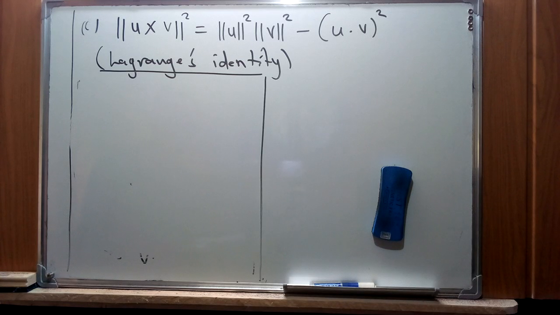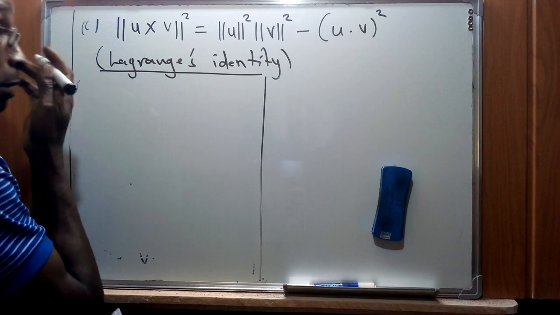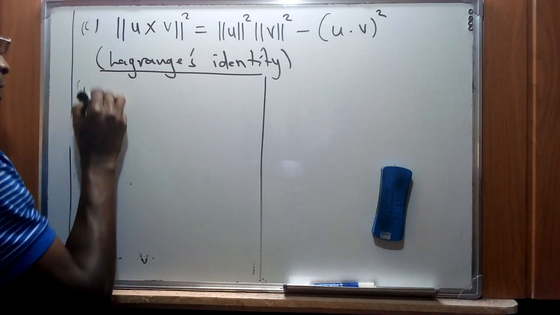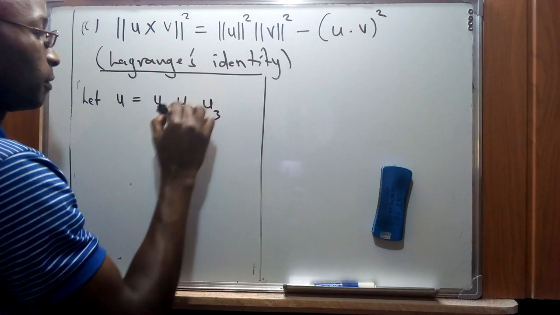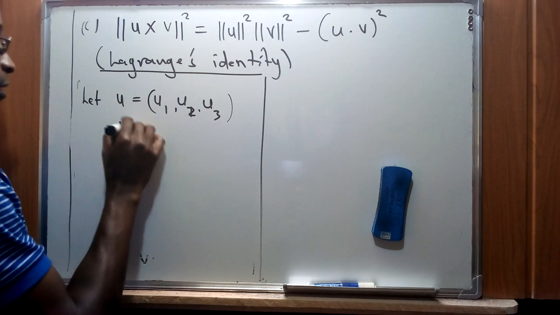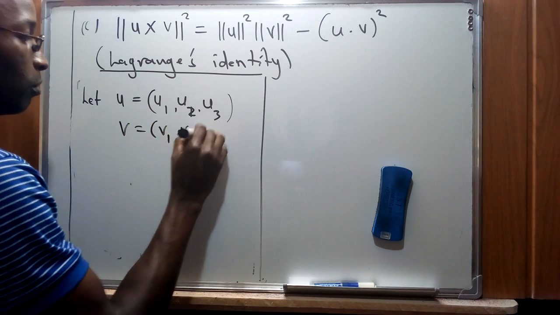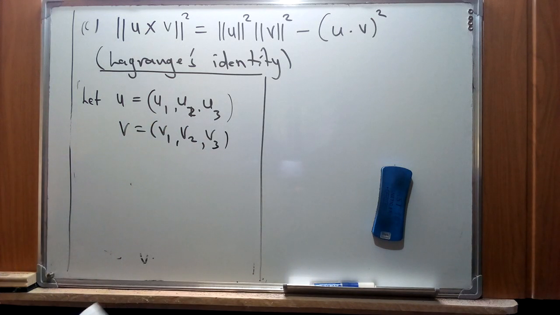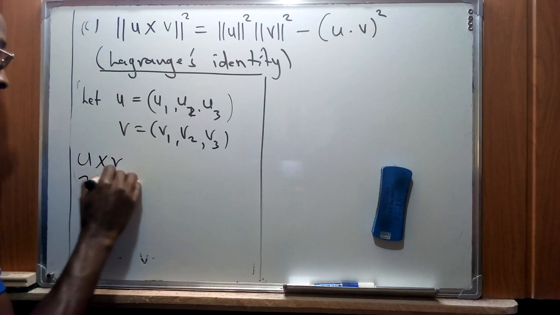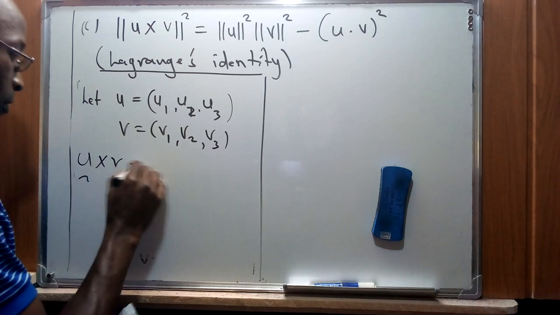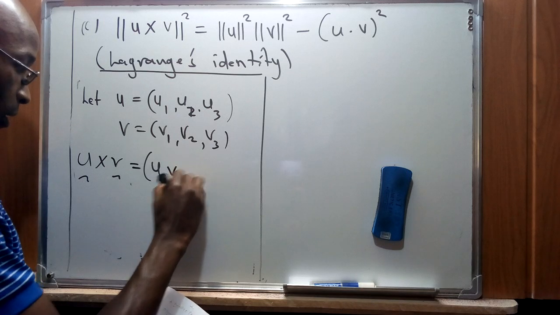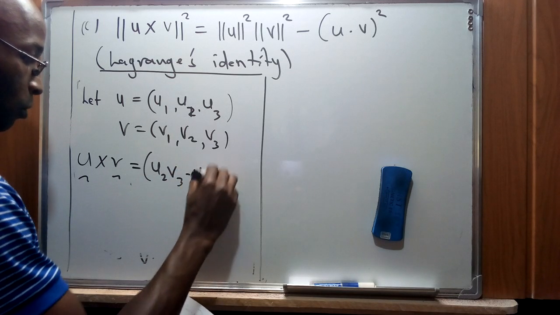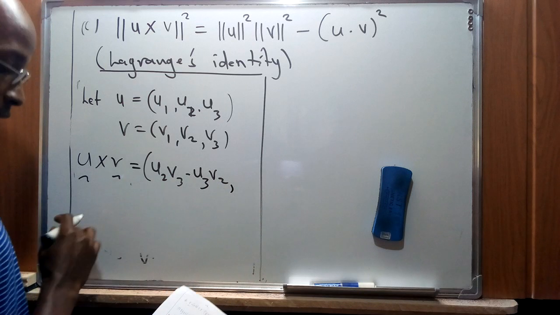From the discussions we have had in some of our videos, we said that to represent u in three-dimensional space, we can write it as u1, u2, u3, and for v it's going to be v1, v2, v3. And if you take the cross product of u and v, this is going to give us u2 v3 minus u3 v2, that is for the i component.